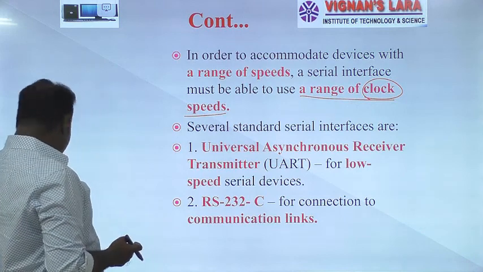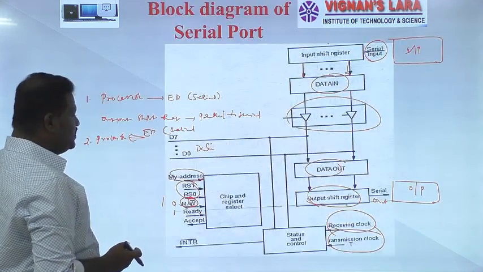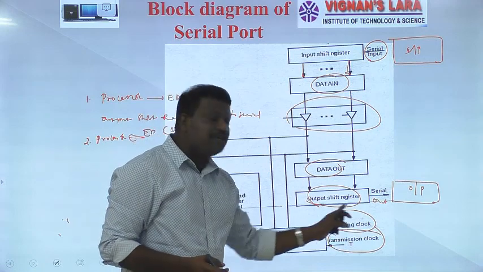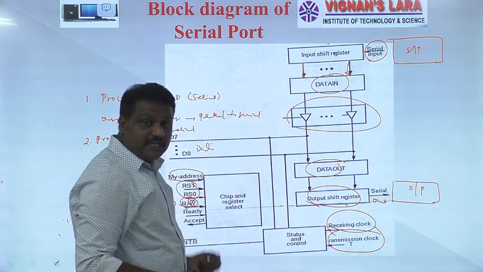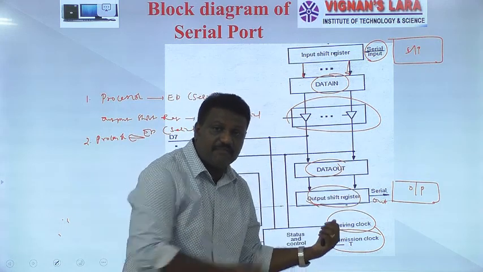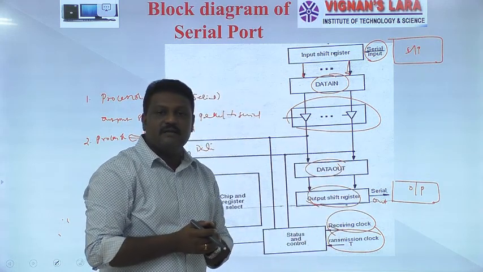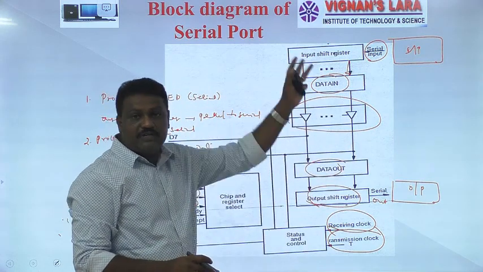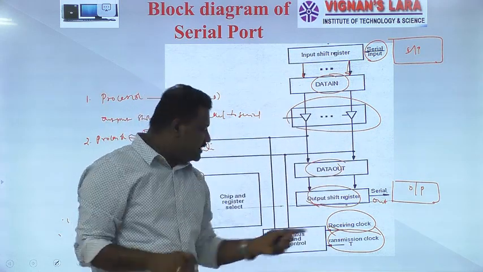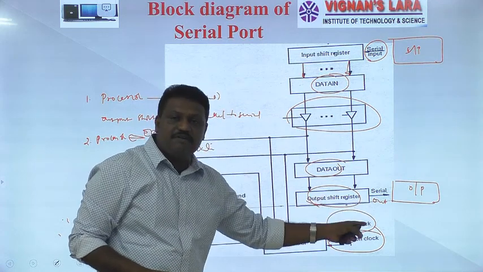If you go to the previous slides, see here, this is a receiving clock that indicates at what speed our I/O interface gathers the received data from an external device. That purely depends on how fast the external device transfers the data to the I/O interface, and that is decided by this receiving clock.